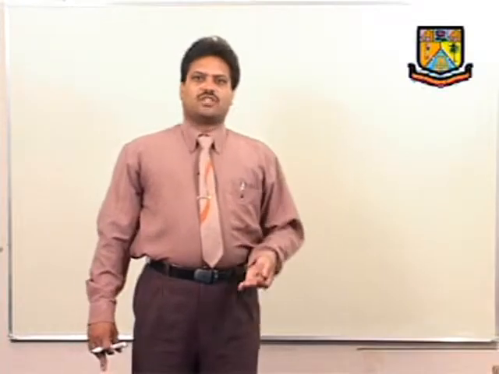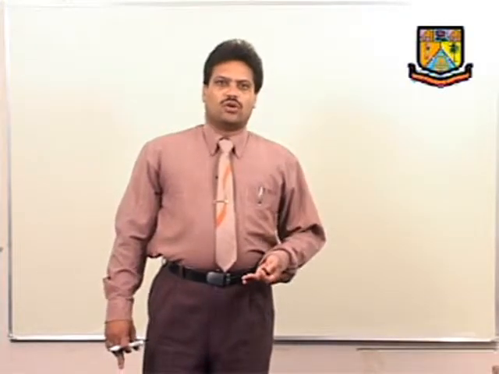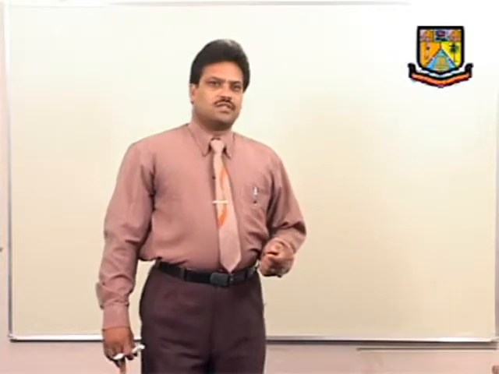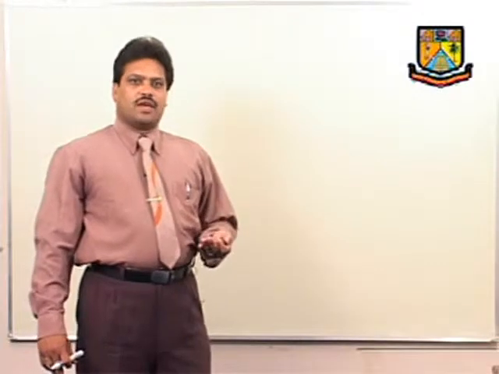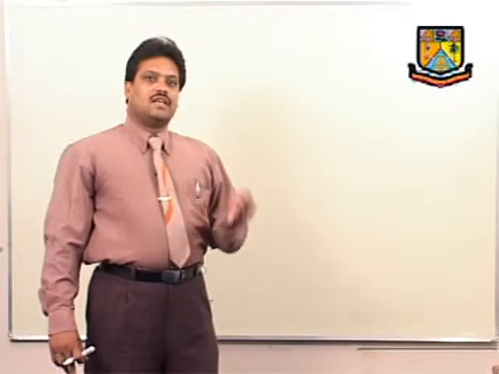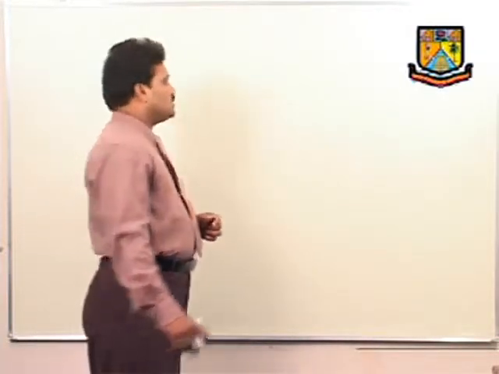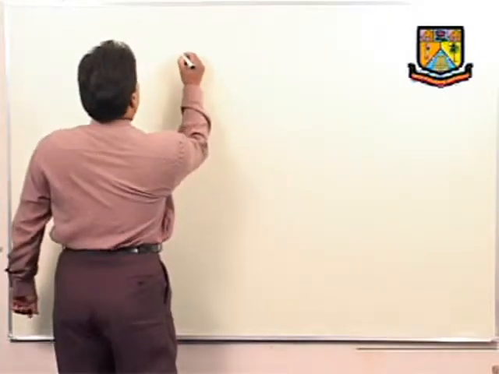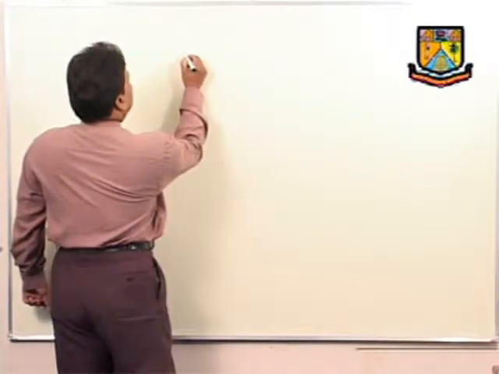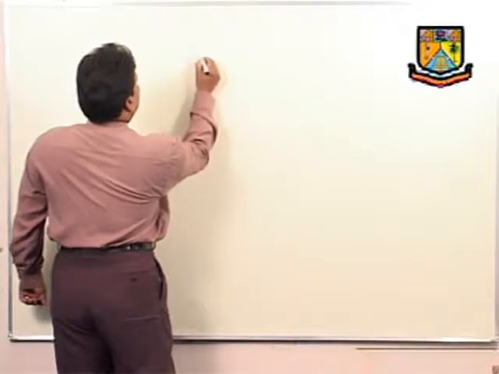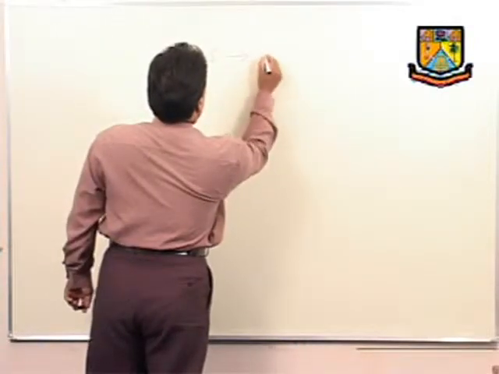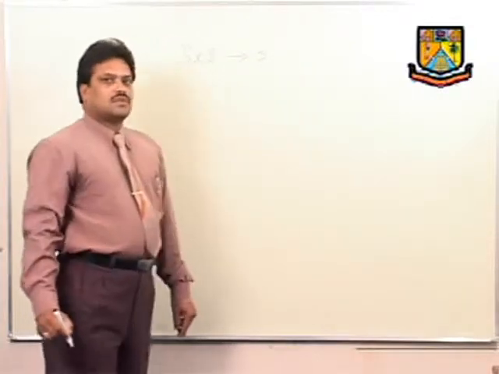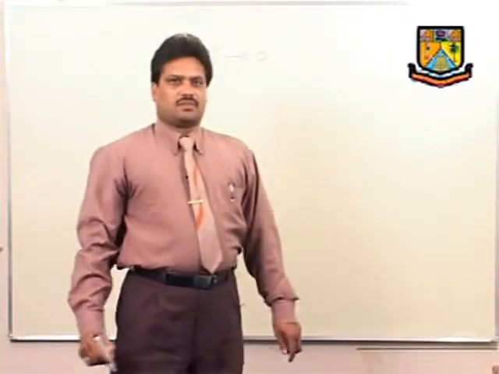A binary operation is a rule which associates for every ordered pair of elements a, b an element c in S. It is a function from S cross S to S.